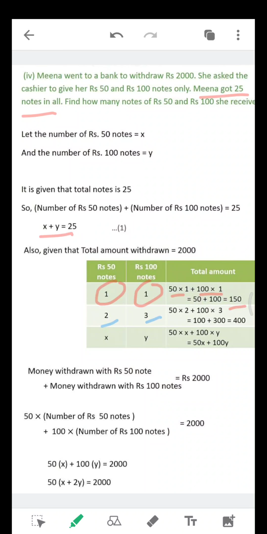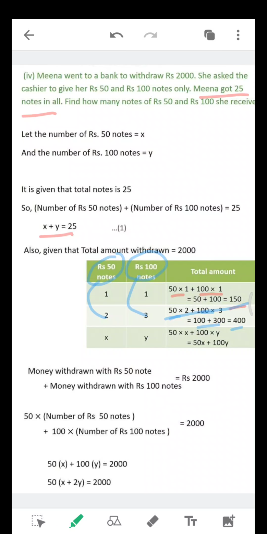Yes, you'll multiply 50 two times and 100 three times, 300, and you will say that I have 400 rupees. So you multiply the denomination with the number of notes. 50 rupees is the denomination, and you multiply with 2 notes. You multiply 100 rupees, this is the denomination, with 3 notes, you will get 300. So 100 plus 300 gives you 400.